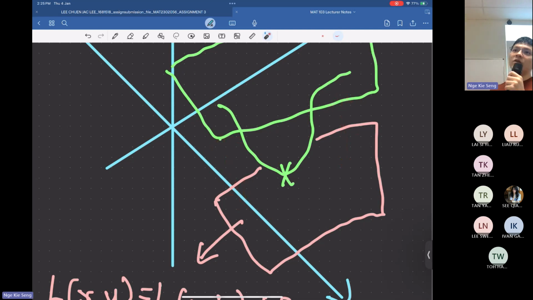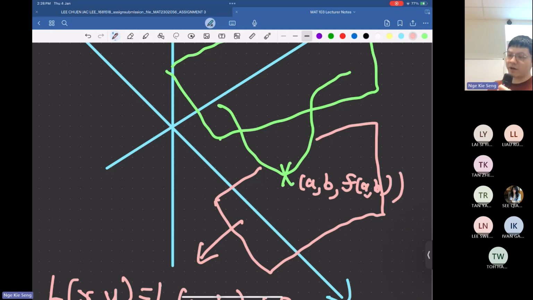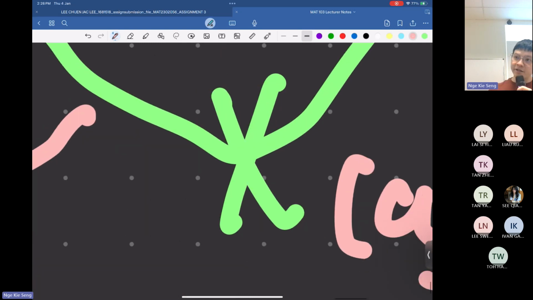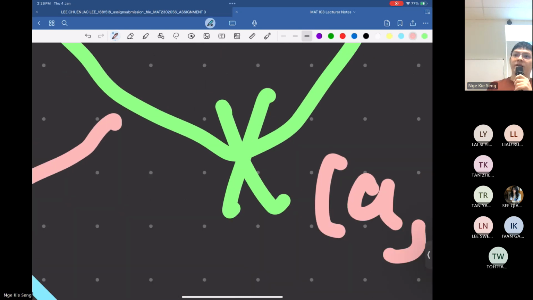Of course, when you zoom out further, the approximation becomes not good. Away from this point (a,b), f(a,b) here, the approximation is not good, the delta z becomes very big. But close to the (a,b) point, the approximation is okay, if the surface is differentiable.